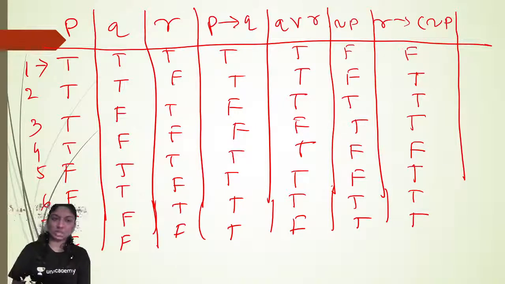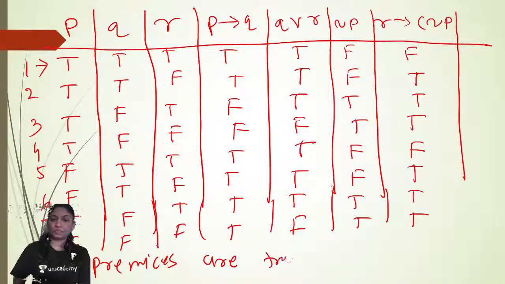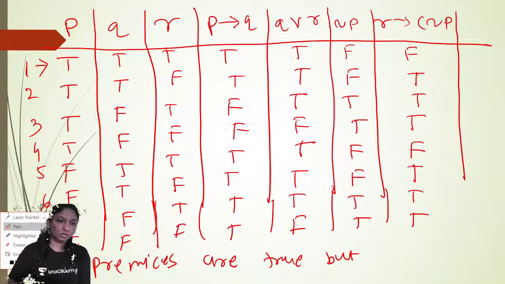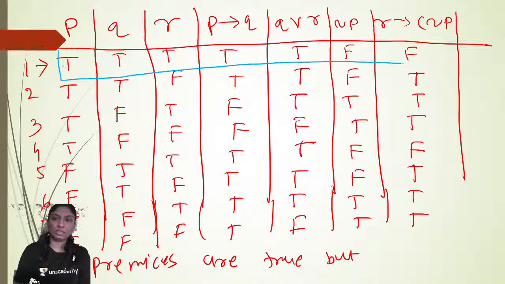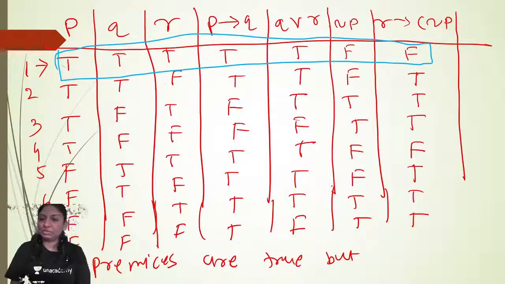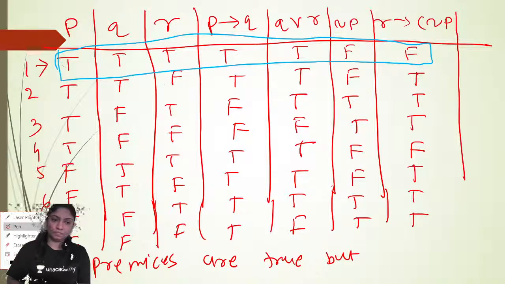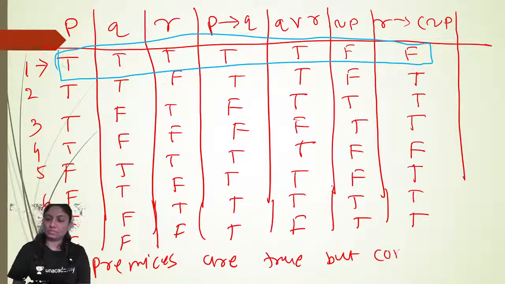So in the first row, the premises are true, but the conclusion, see here I'm marking with this pen, is false.